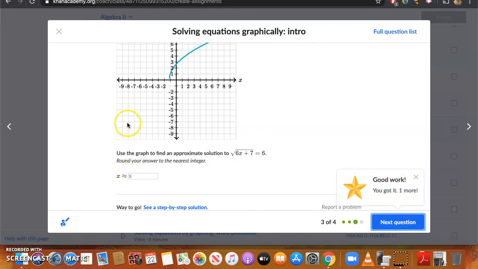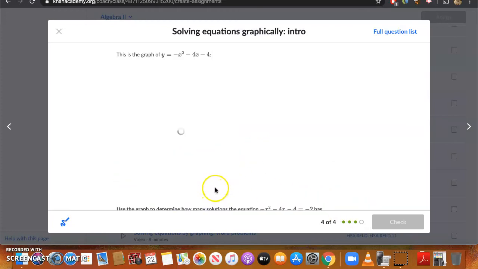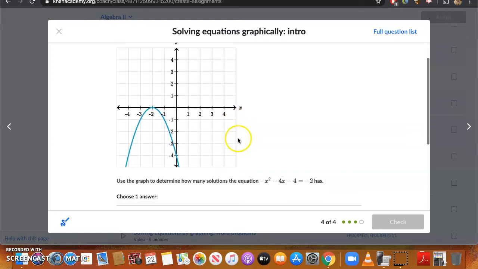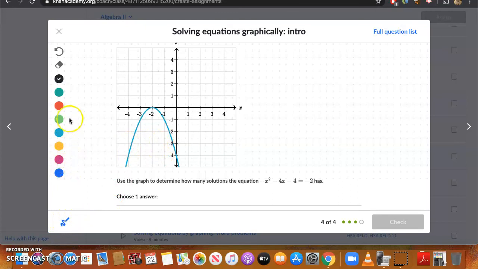Okay. Now, last question in this problem set. We have the graph of negative x squared minus 4x minus 4. And it says use the graph to determine how many solutions the equation negative x squared minus 4x minus 4 equals negative 2 has. So again, we are going to draw a line. All right, let me do this one.